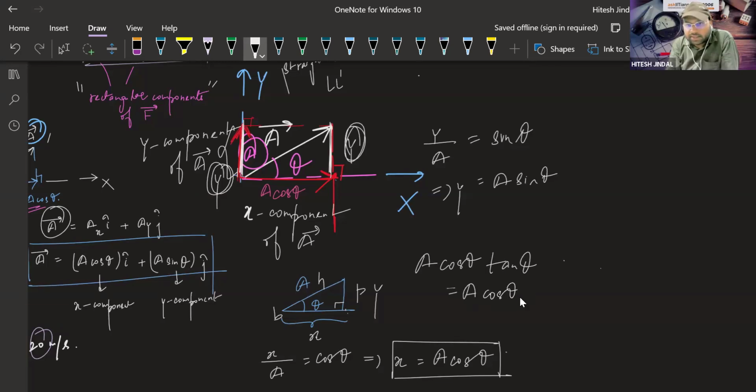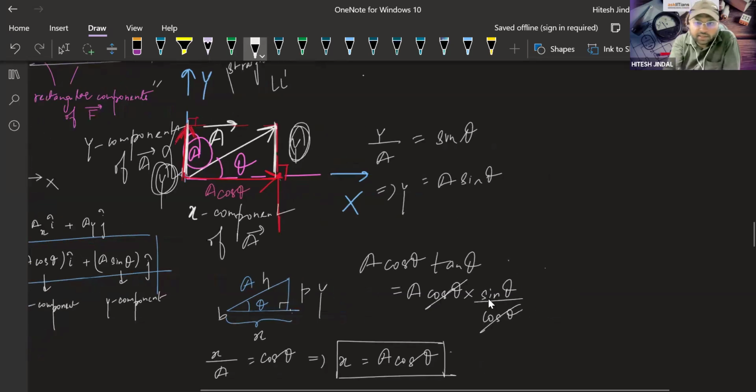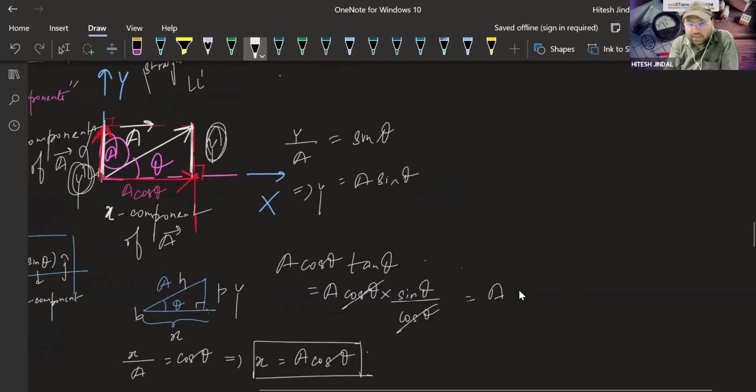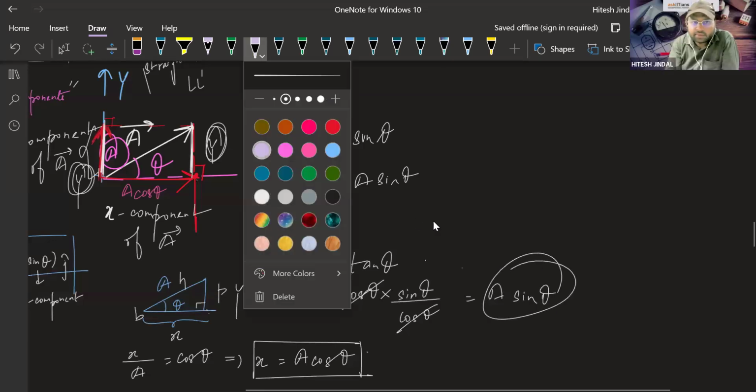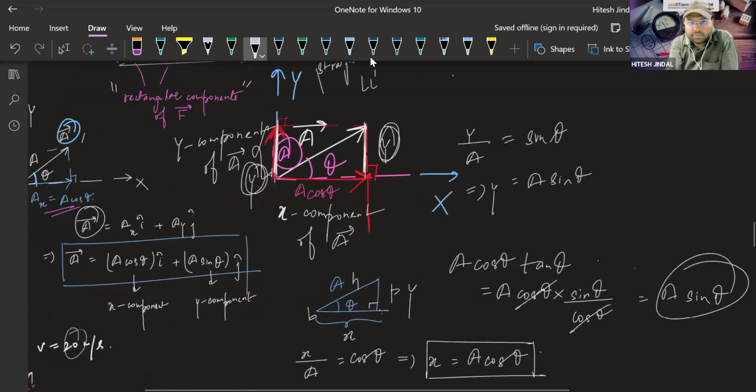A cos theta, and what is tan theta? Sine theta by cos theta. Cos theta will get cancelled. What is this? A sine theta, right? That way also we can do. Correct, sir. Just see this, just a second.